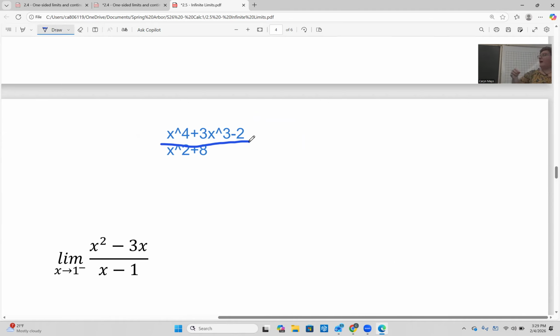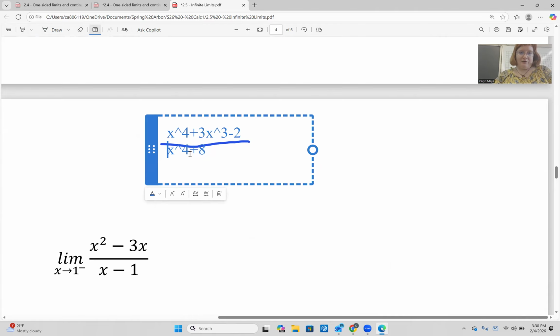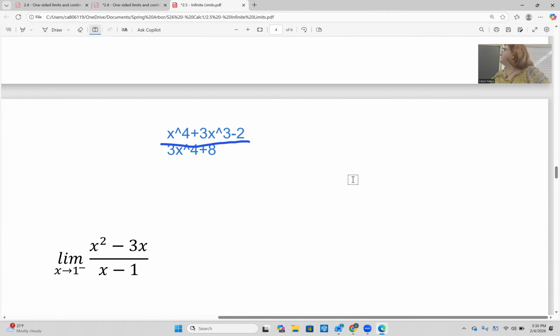If the higher power is in the denominator, so say we flip this, the horizontal asymptote is 0. And if the powers are the same, say this was 3x to the 4th plus 8, the powers are the same, so it's these coefficients, so 1/3 would be the horizontal.